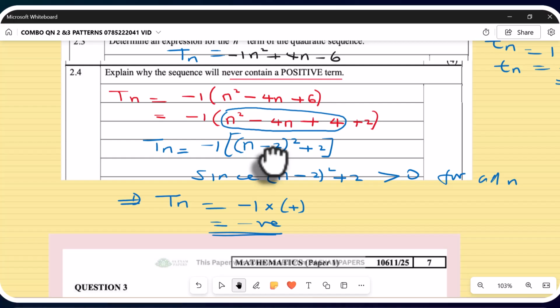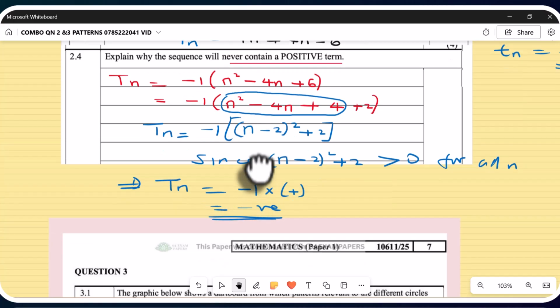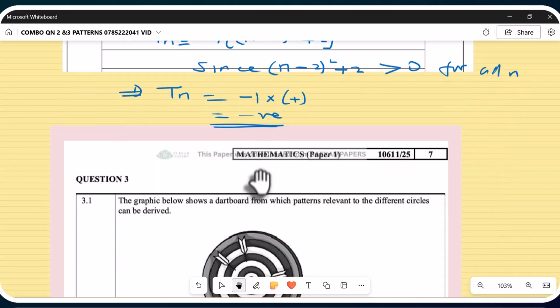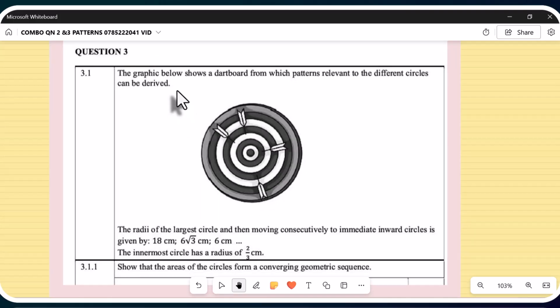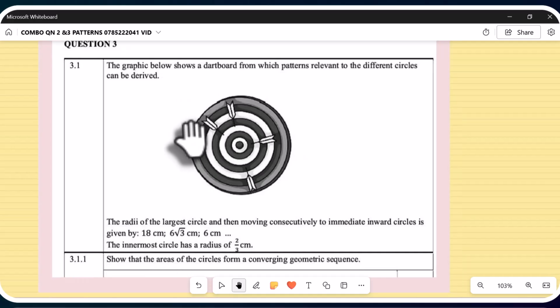The next one, the innermost one, is 2/3 centimeters. Now these are radii. I want to show that the areas of the circles form a convergent geometric sequence.